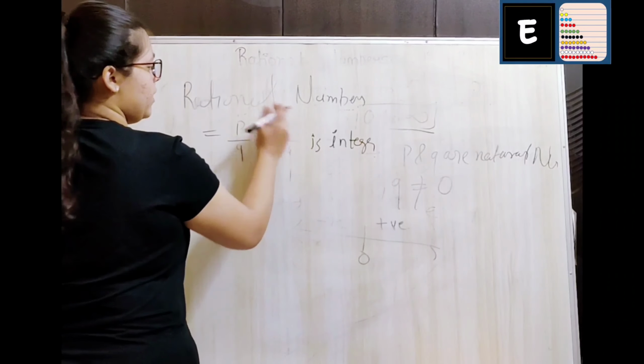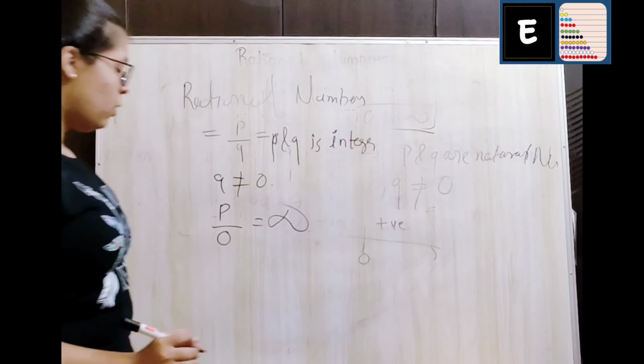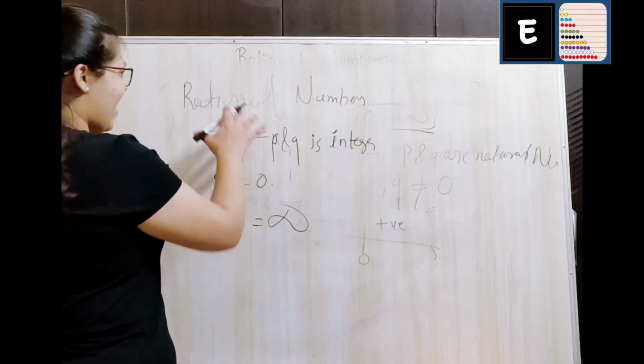Why? Because if it becomes p by 0, the answer will be infinity, which doesn't mean anything. So this is our rational number.